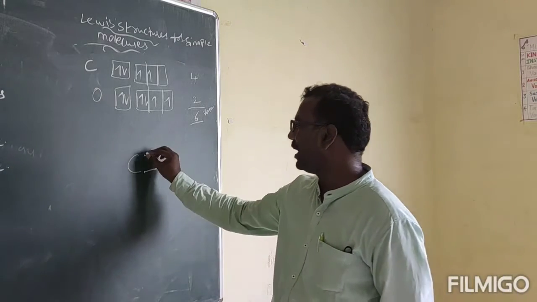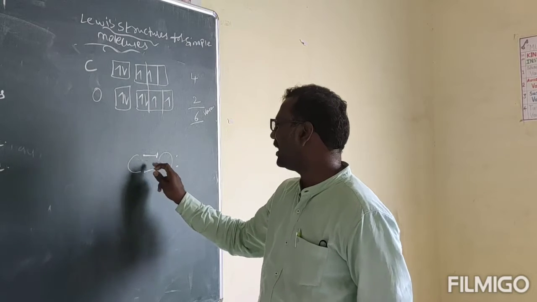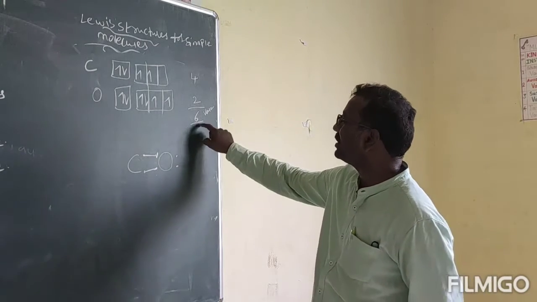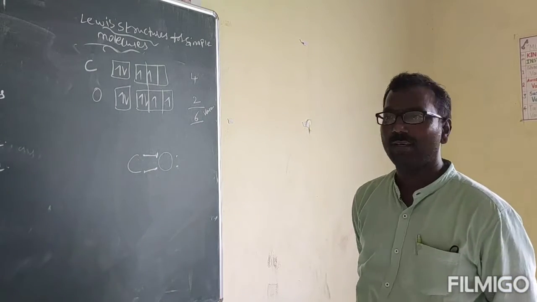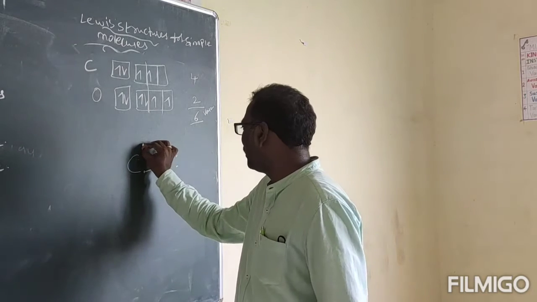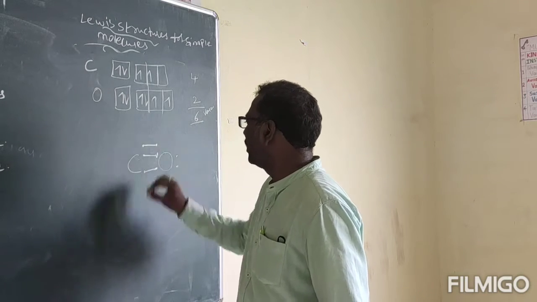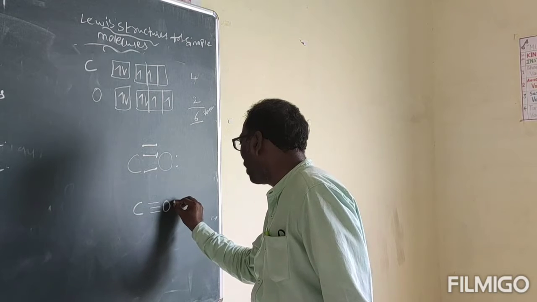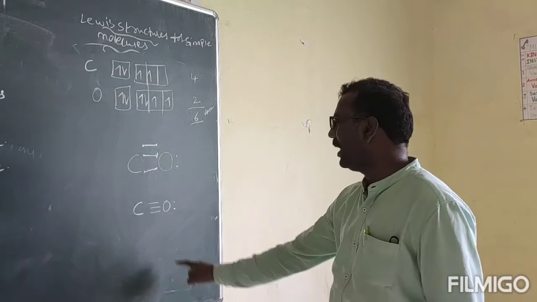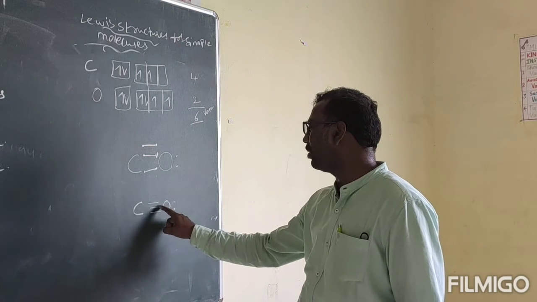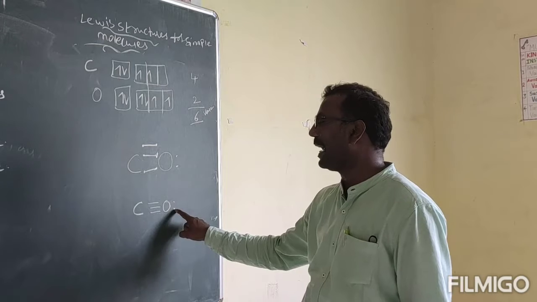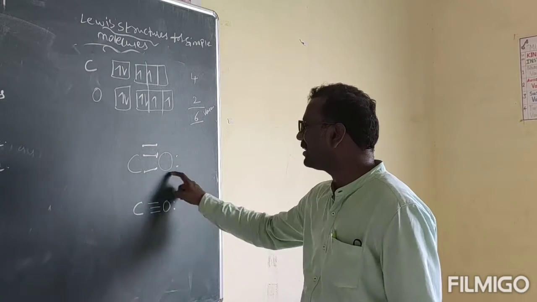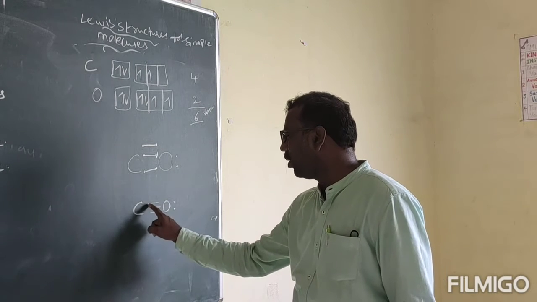For carbon it is also filled. But we have 6 electrons. So one more bond will be formed. That is nothing but the triple bond like this. Total how many? 1, 2, 3, 4, 5, 6 plus 7, 8. For oxygen 8 is completed, and for carbon how many?